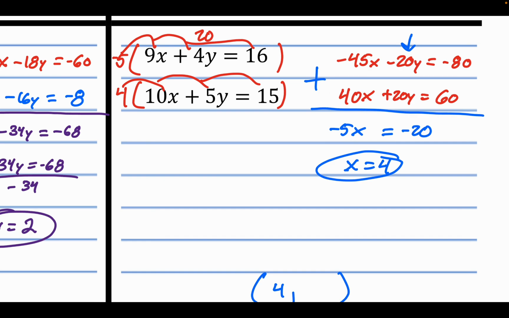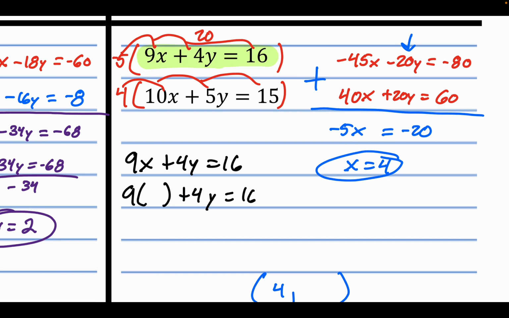Choosing one of our equations to help us solve for y. I'm going to choose this top left one. Smallest numbers, no negatives. So it's as good a choice as any. 9x plus 4y equals 16. Plug in that 4 for x.